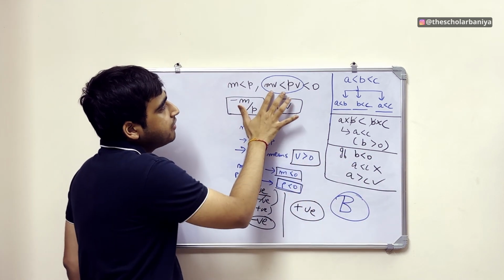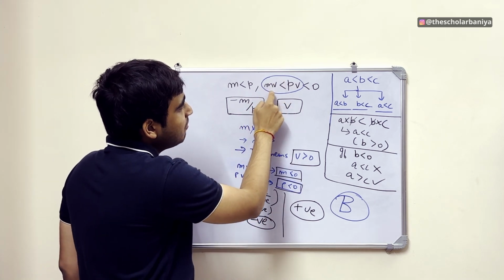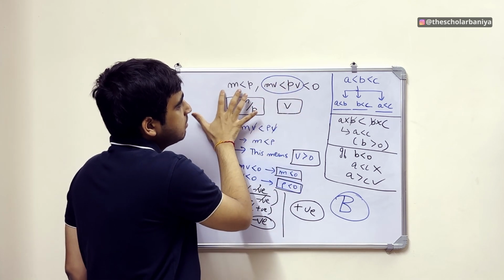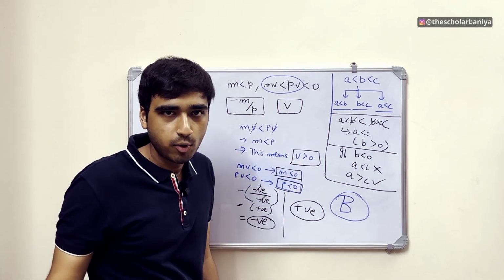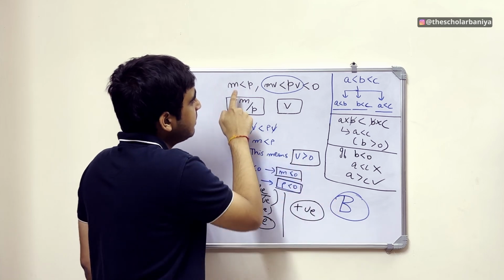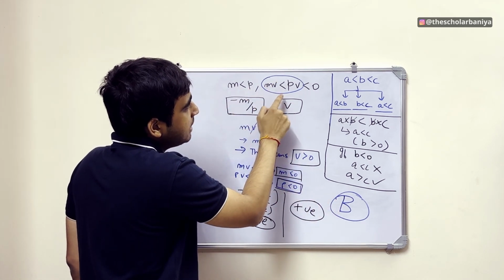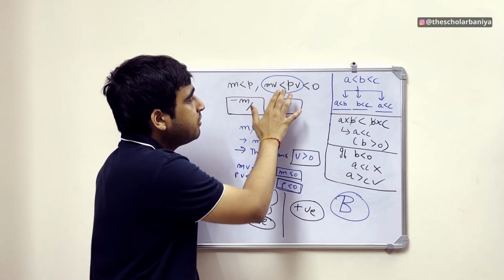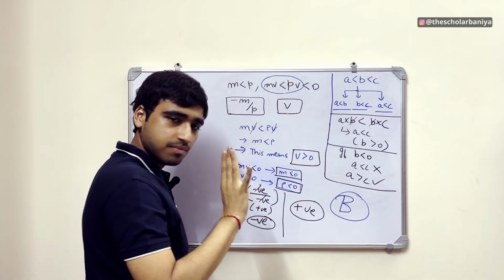Similarly, we were given mv is less than pv is less than 0. If we cancel v, we get m less than p, which is given. Absolutely fine. So that means v has to be positive, because if v were negative, then m would be greater than p after canceling v. But m is less than p, so v is positive. That is one thing clear.